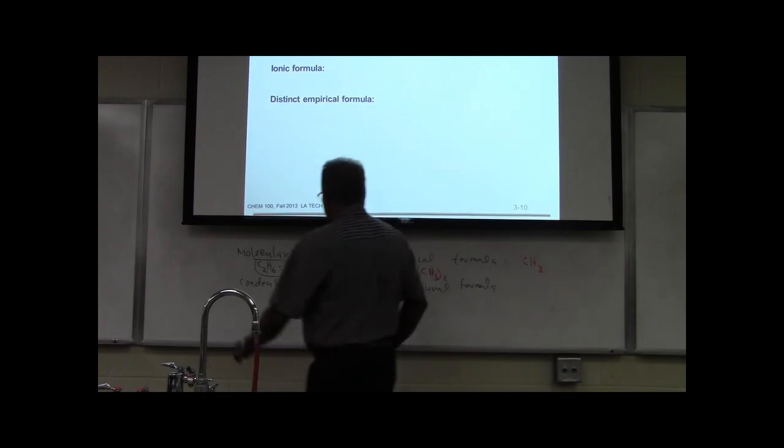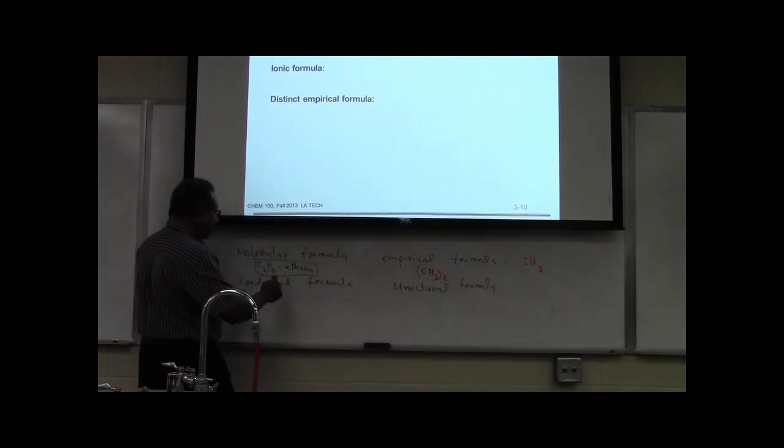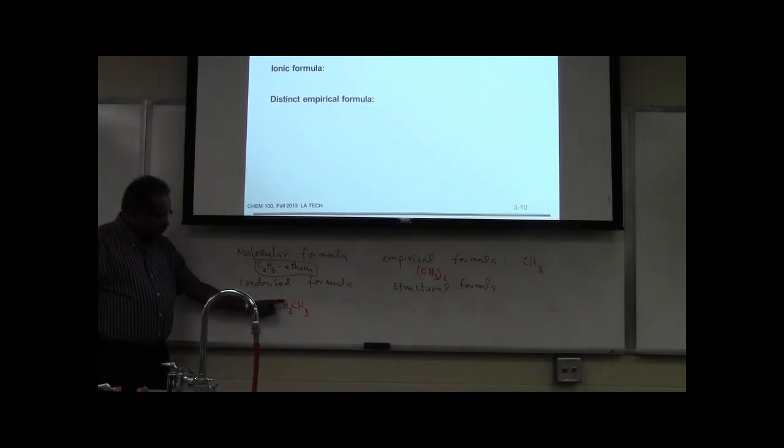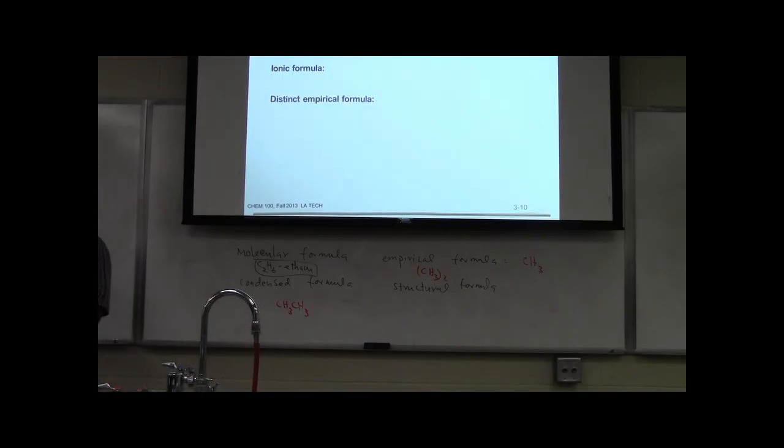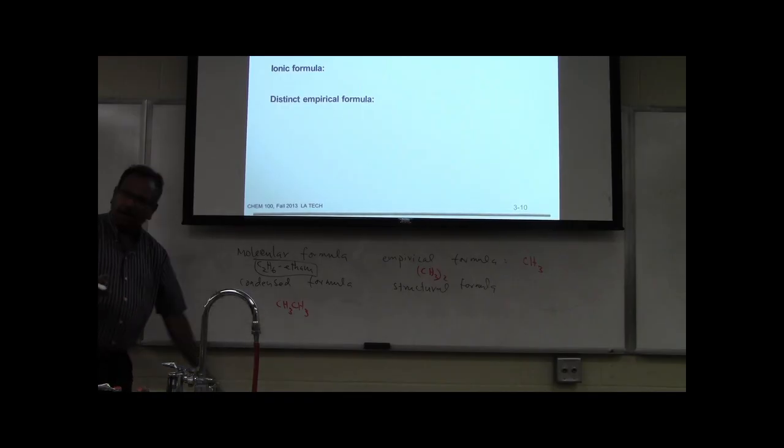So the condensed formula gives more details about how the atoms are bonded. This is written like this. That means there are 2 carbon atoms bonded to each other, okay? And in turn, these carbon atoms are bonded to 3 hydrogen atoms.